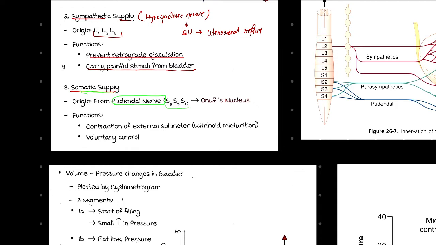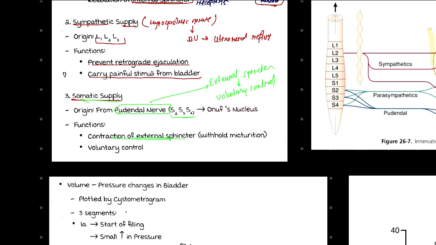The pudendal nerve supplies the external sphincter, which is responsible for voluntary control of micturition. It causes contraction of the external sphincter muscle, which can be voluntarily controlled.